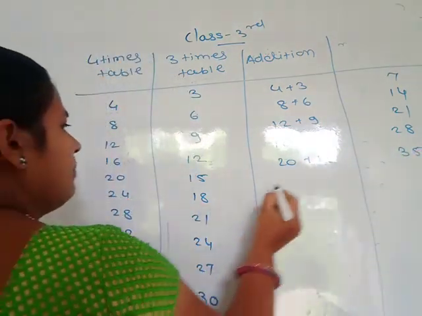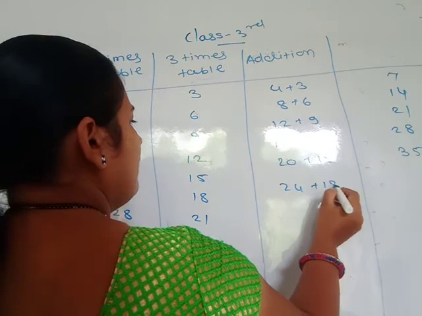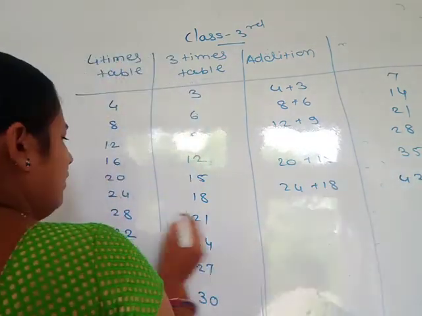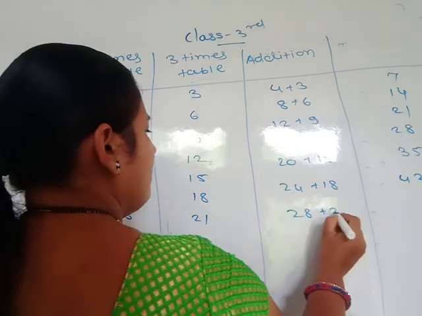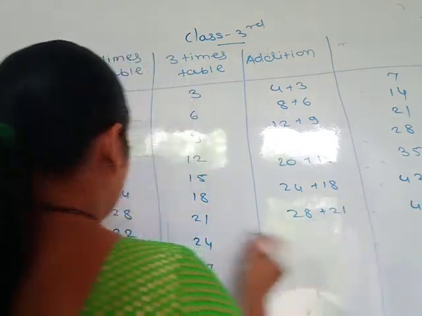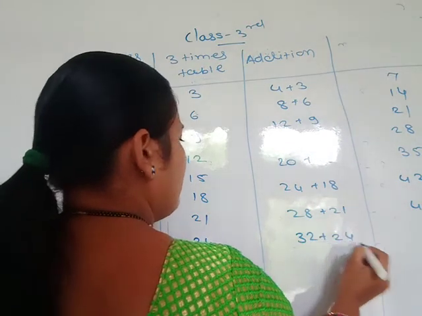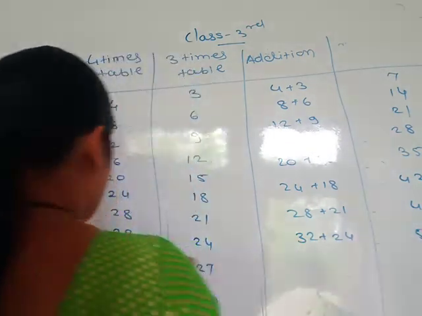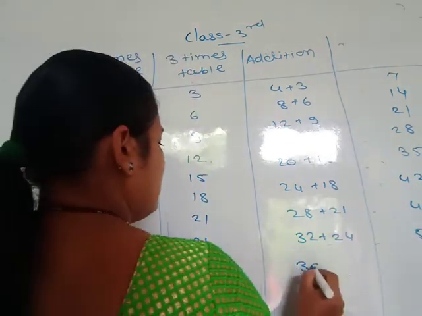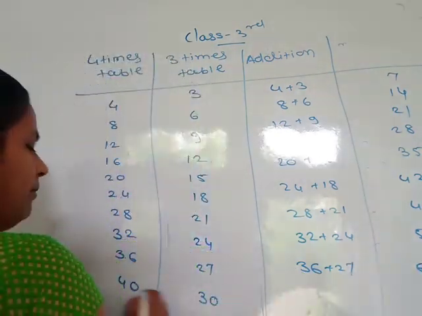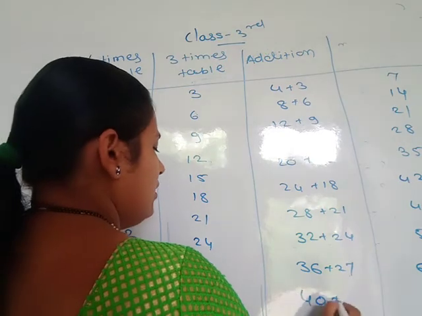Then 24 plus 18, 42. 28 plus 21, 49. 32 plus 24, 56. Then 36 plus 27, 63, and 40 plus 30, 70.